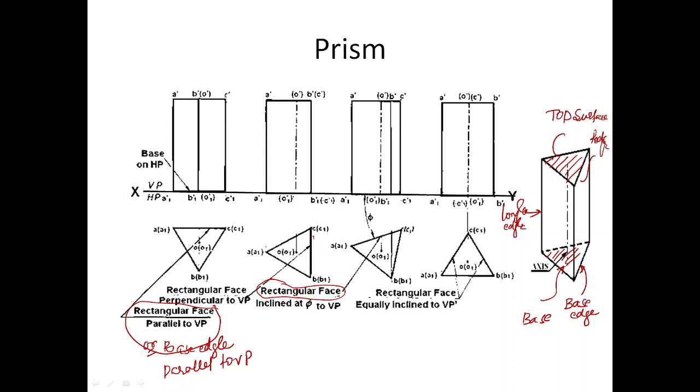A rectangular face perpendicular to VP. So now the surface which consists of C1, B1 is perpendicular to VP. In this case, surface A1, C1 is inclined at theta degrees to VP.